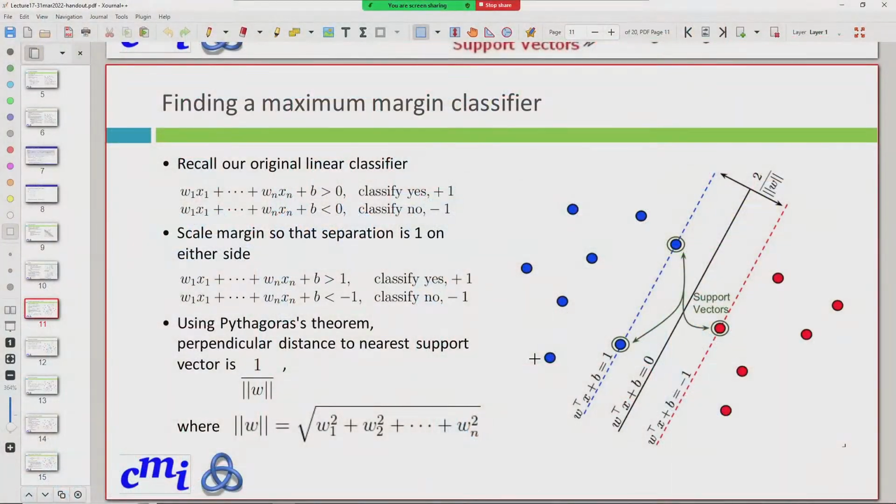Let me just say it. When you write down a hyperplane, you specify it in terms of some dot product, right. What you are saying is that the points that lie on this hyperplane are those for which this dot product is 0. This w is basically a vector which is orthogonal to the hyperplane, right. So, now if you get 1 for a particular vector, what does it mean?